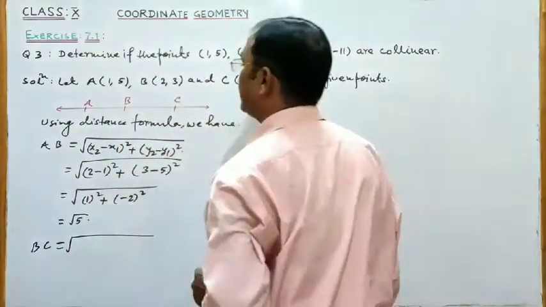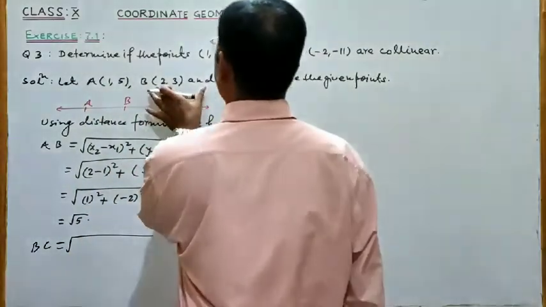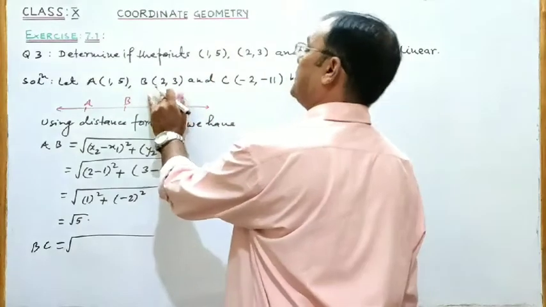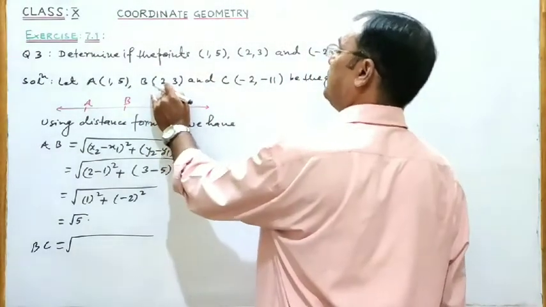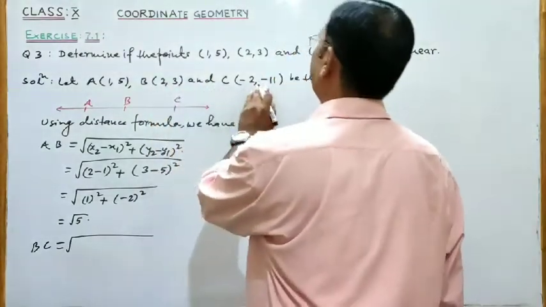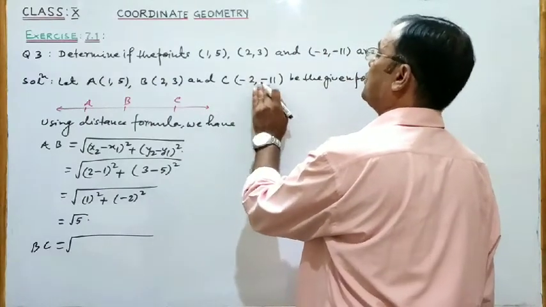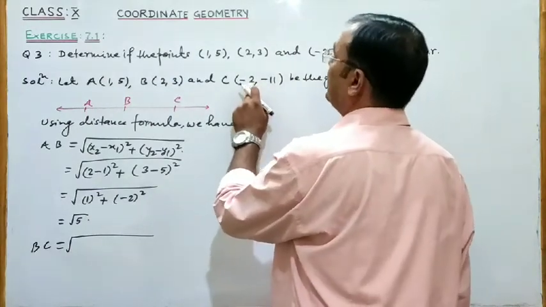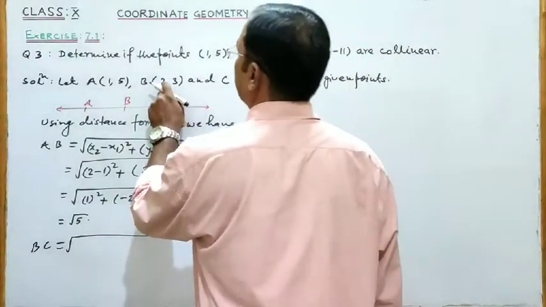using same distance formula. For calculation of BC, this point B is going to be the first point x1, y1 and C second point x2, y2. So x2 is minus 2, x1 is 2.